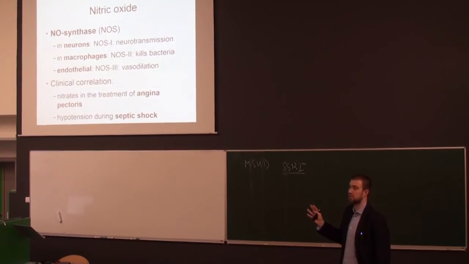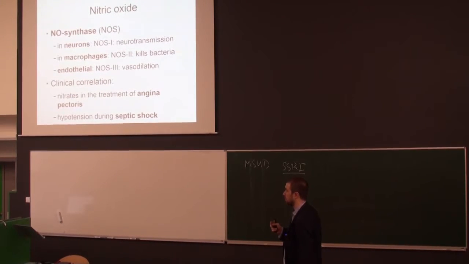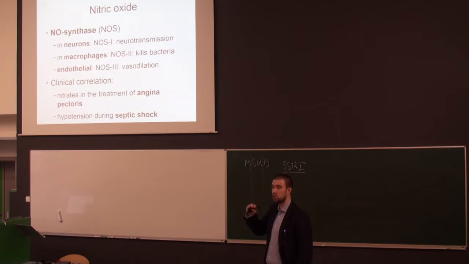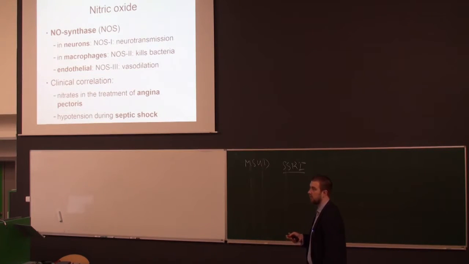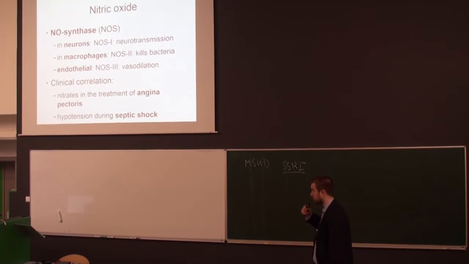Nowadays, this is not prescribed so routinely. We use in medicine some generators of nitric oxide, but it's really not used as the first-line treatment. We have better drugs, but still the mechanism that's here you can find in medicine.